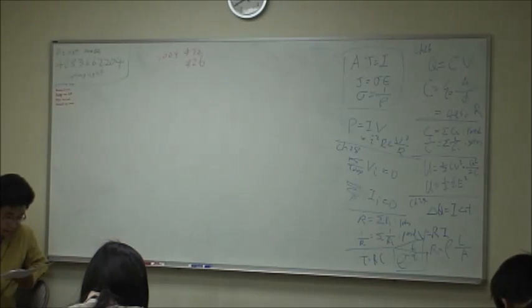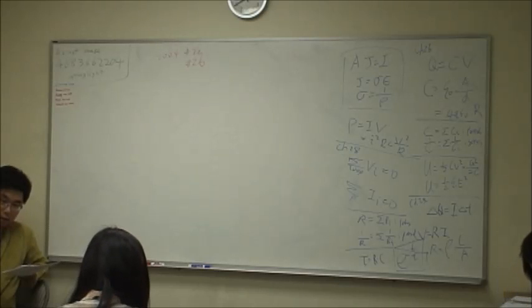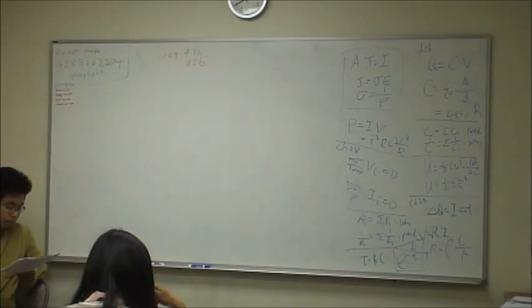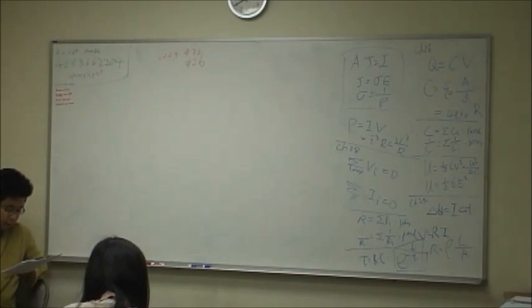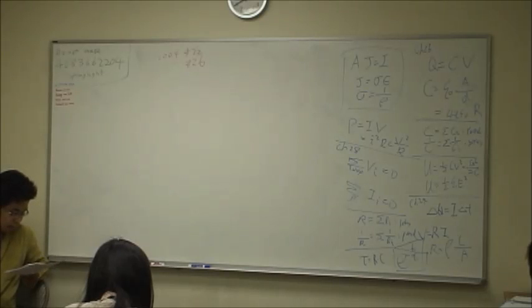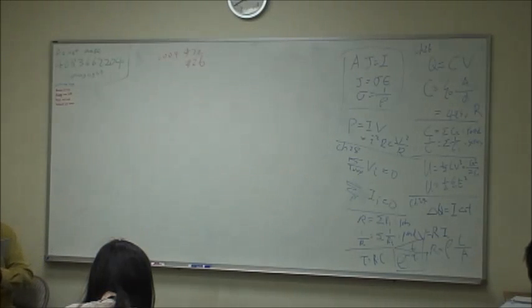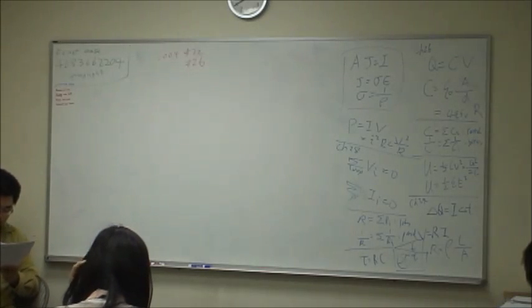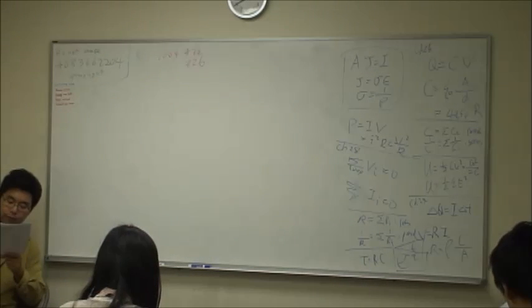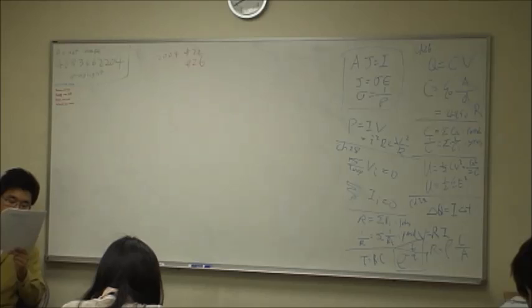Okay, it should be A, right? Yeah, because A is in the main path and then it's separated into 2 branches. So the current inside will be larger than the other. Okay, number 27. Which one has most potential difference across that resistor?